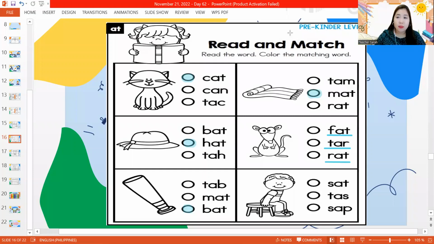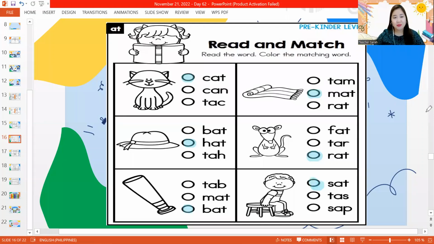And what is our picture? It is a picture of a rat. Very good. Next one, we have the word sat, tas, and sap. And what is our picture? It's the word sat.